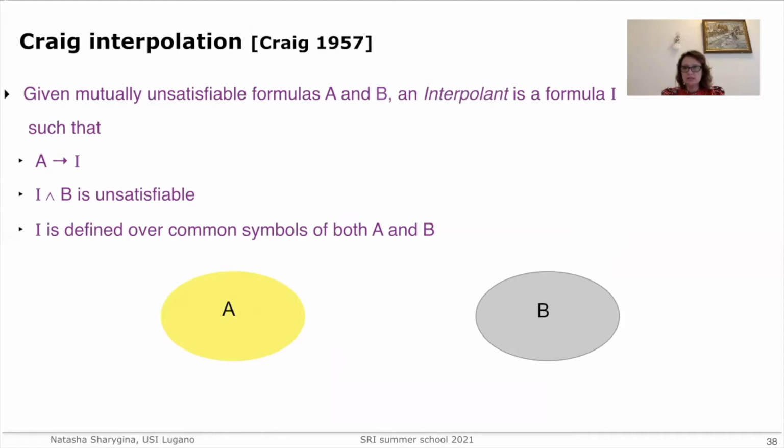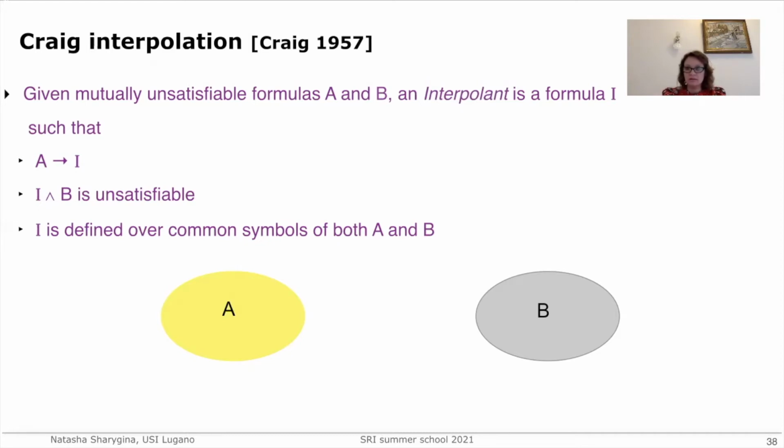Craig interpolation is defined as follows. Given mutually unsatisfiable formulas A and B, an interpolant is another formula I, such that it satisfies the following three conditions: A implies I, I and B are unsatisfiable, and I is defined over the common symbols of both A and B. The illustration on the slide demonstrates two formulas, A and B, which are unsatisfiable.